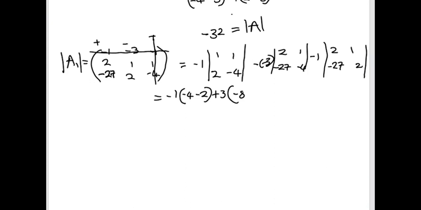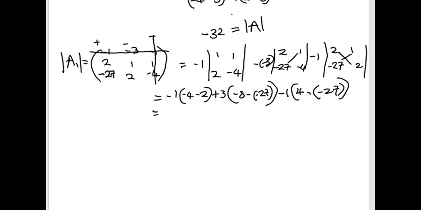Remember, there is always a minus in the formula. Then minus 27 times 1 is -27, minus 1. Okay, 2 times 2 is minus, then my -27 times 1 is -27.